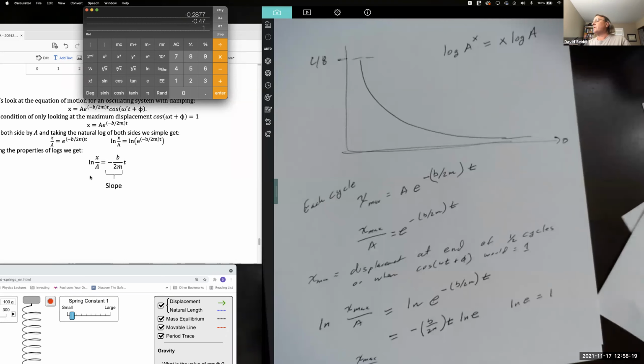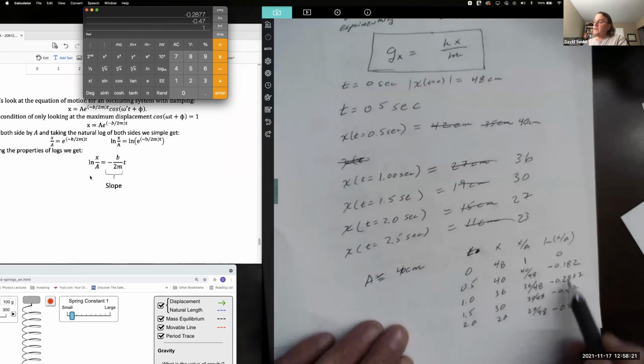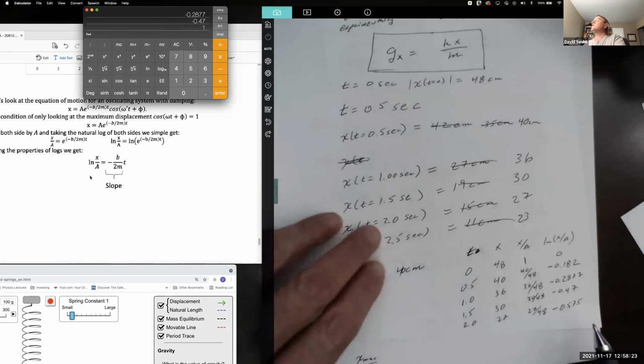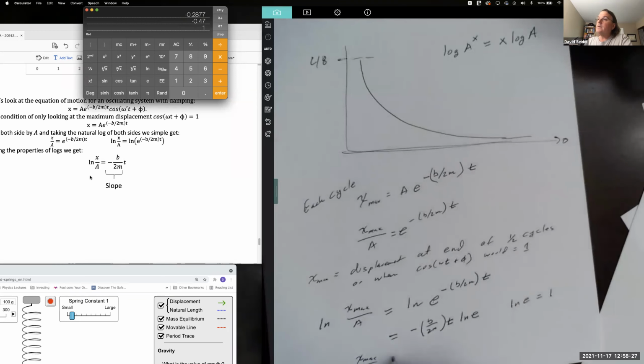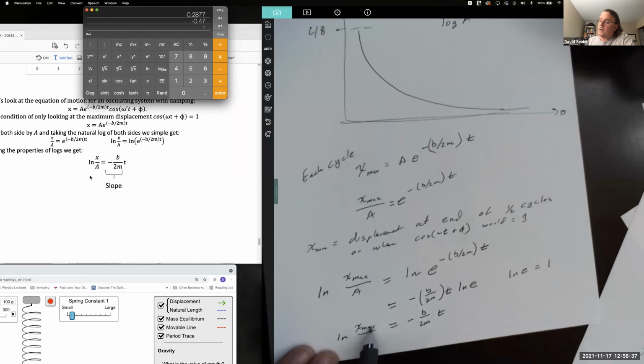That's what I was showing when I did say this here. You're going to do your own tables. That equals minus b over 2m times t. Okay, so I've got a plot of this. It's a nice straight line. You guys were taking the log, it's a nice straight line.